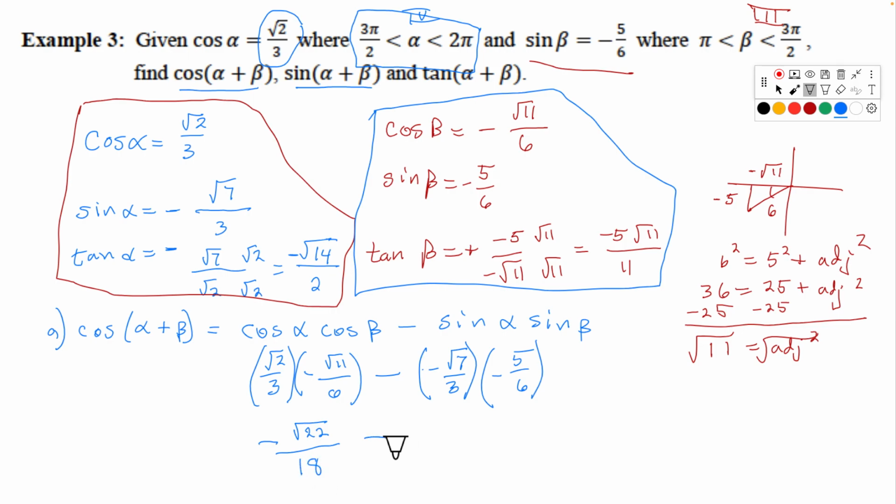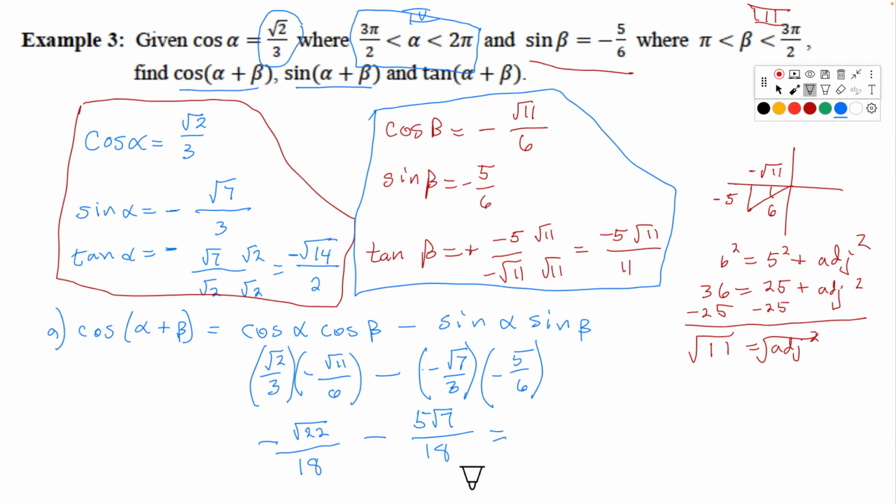And then we'll get a minus here. Notice I'm taking a negative times a negative, so that becomes positive, but this negative here stays negative. Square root of 7 times 5, you can't bring the 5 into the square root, so that's not 35. It's just 5 square root of 7. And 3 times 6 is 18.